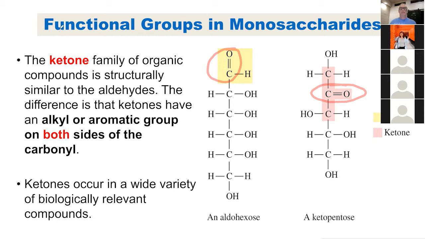What does the end of -ose mean? That means sugar. Ose means sugar. Glucose, sucrose, galactose. We're going to talk about galactose in a minute. Fructose. It just means sugar. Basically shorthand for sugar, for saccharide.